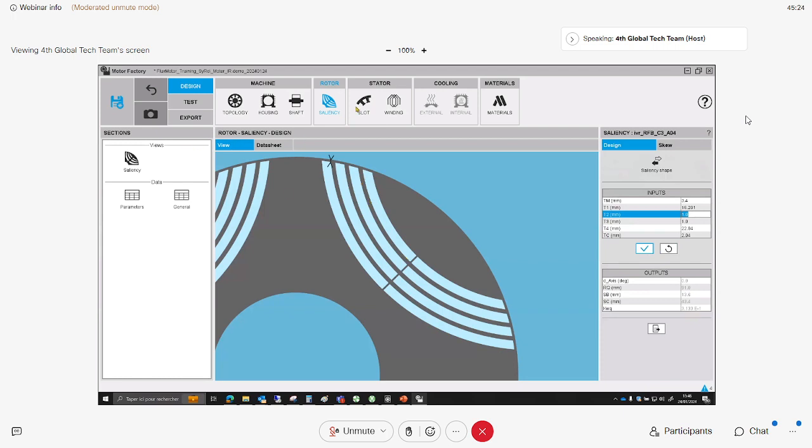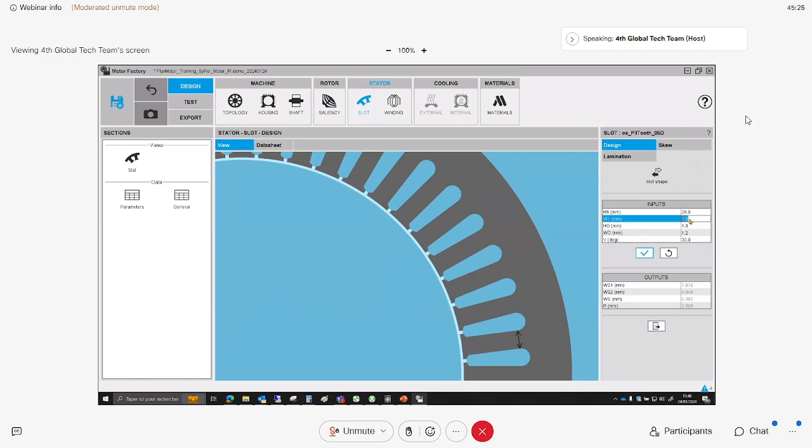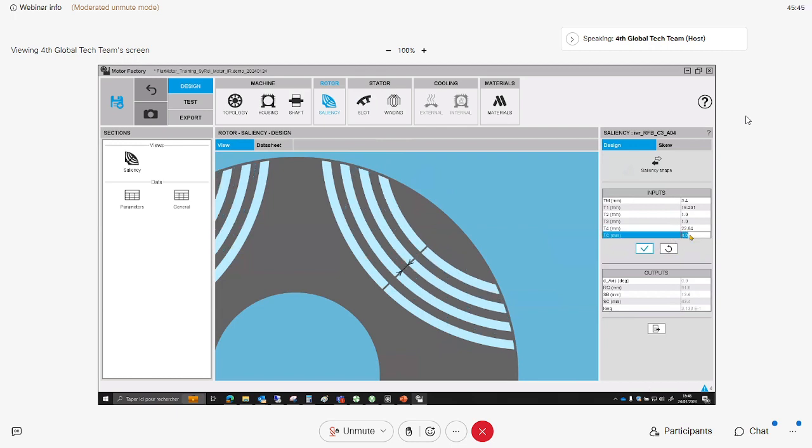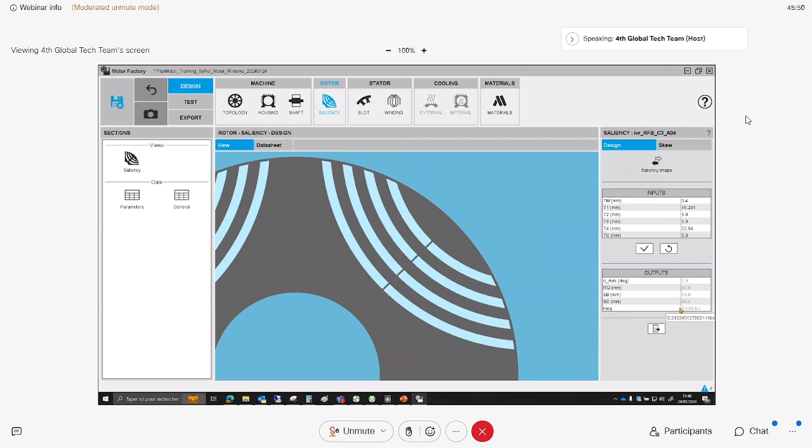So ideally we have to look at the stator tooth, and maybe here we can put larger, maybe we can start with 4 or 5, and keep an eye on this KWQ.